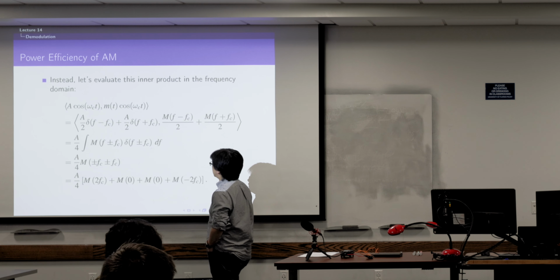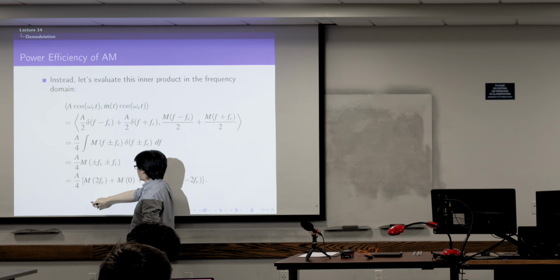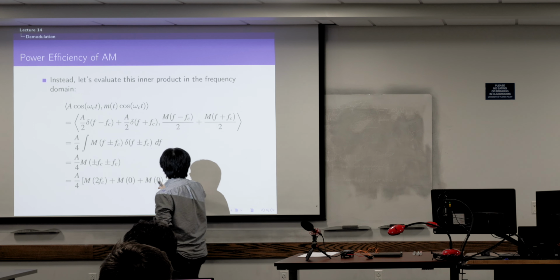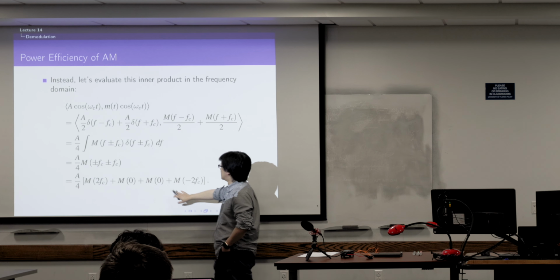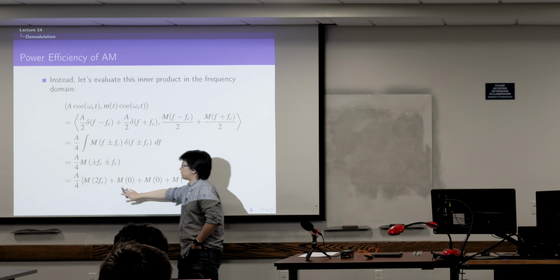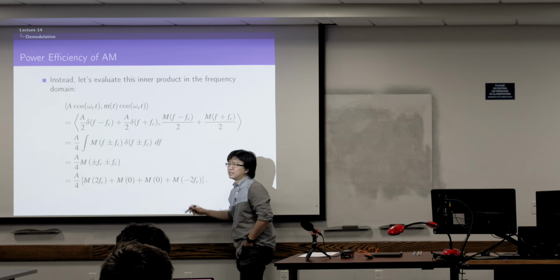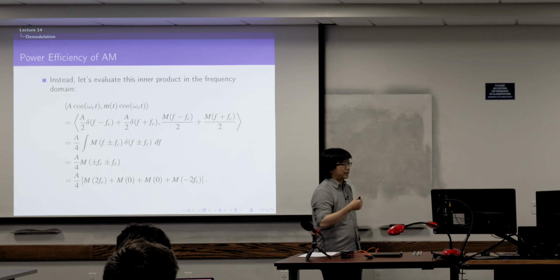From here we can get this. We have 4 terms, and if we write it out, we have these 4 items. Clearly the middle items are the DC component, and then we got this and that. We claim that this is 0 and this is also 0. I think in class I made a mistake.